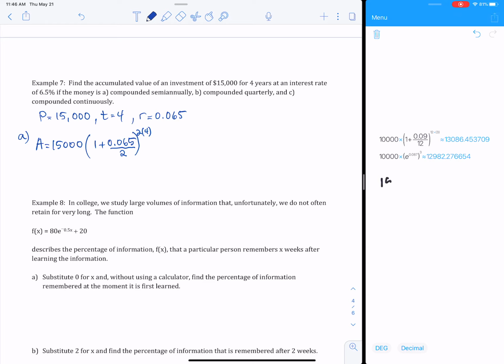So 15,000 times 1 plus 0.065 divided by 2, powered by 8.